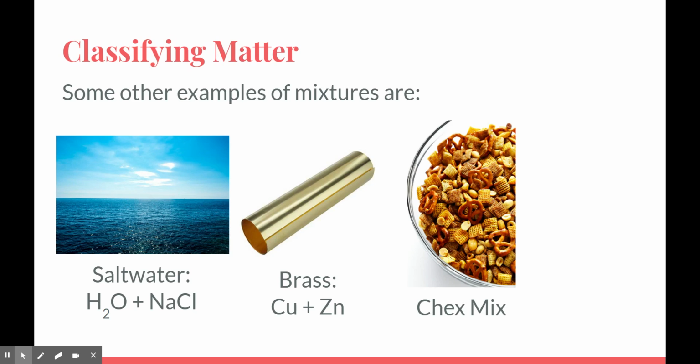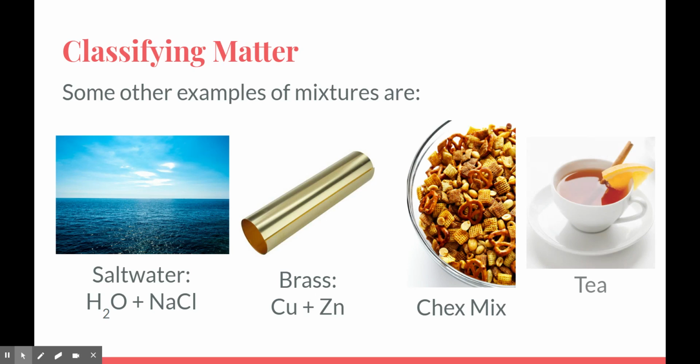Chex Mix is a mixture. You have all these different things that are combined, but each thing keeps its own flavor, its own texture. Same thing with tea. Tea is a combination of the materials in the plant and water.